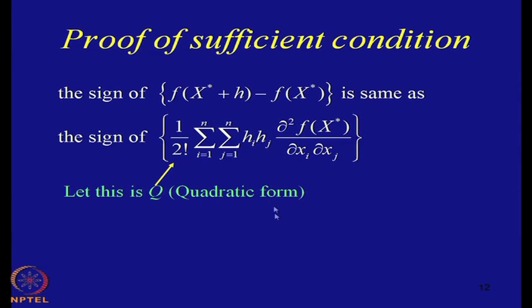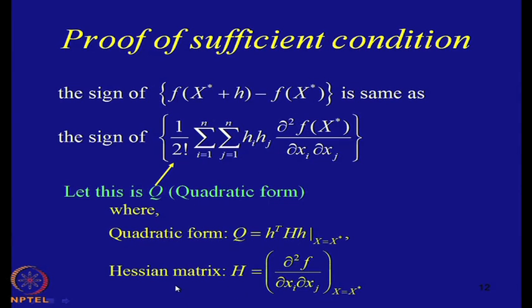What is the meaning of the quadratic form? We need to know. Not only that, we will show you that this quadratic form has the form with the Hessian matrix in this fashion: h transpose H h, at the point x equal to x star. And one thing I want to mention: if you remember, the last order term was involving theta, that is the remainder term for us.